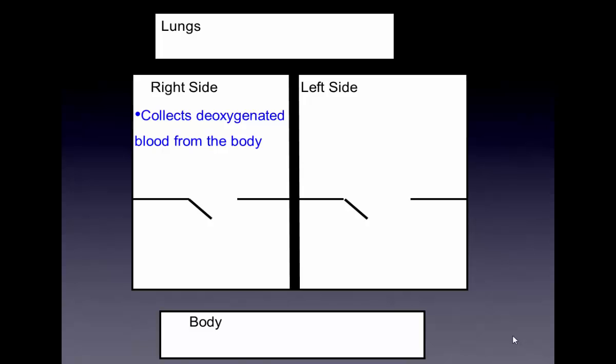All right, so the right side collects deoxygenated blood. It's low in oxygen, but it's high in what? Carbon dioxide, right. Because it's coming from your body, and it just removed the waste from your cells, and it's just given up its oxygen. So that blood that's coming into the right atrium is low in oxygen, but high in carbon dioxide.